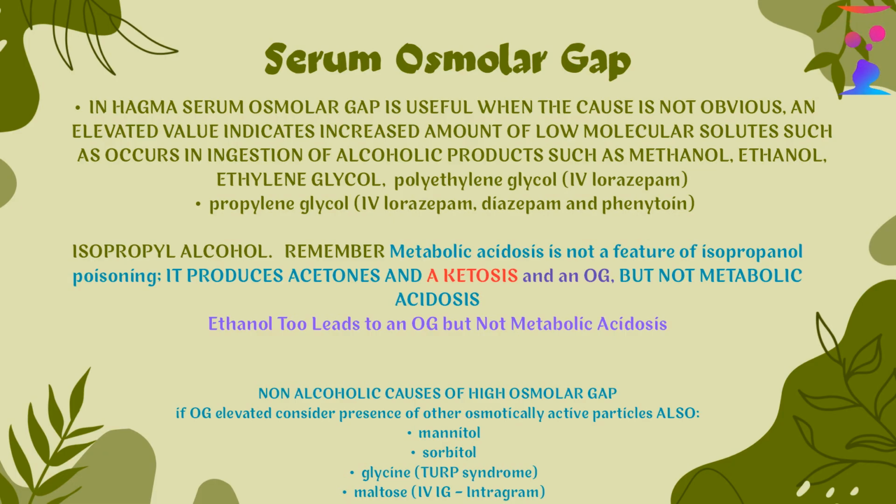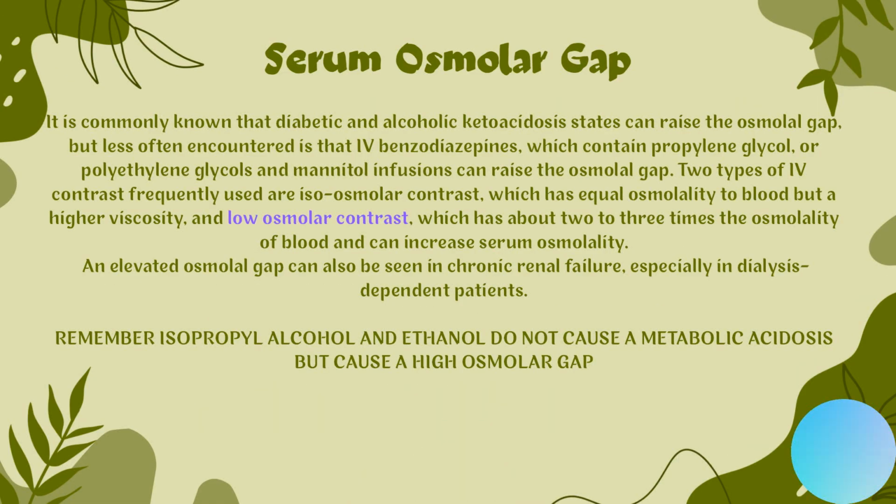Two is there are non-alcoholic causes of high osmolar gap, namely mannitol, sorbitol, and the thing to remember is glycine through the TURP procedure. Glycine being used as part of the TURP procedure can also lead to a high osmolar gap. Low molecular weight contrast being used in the context of renal impairment is another source of high osmolar gap.